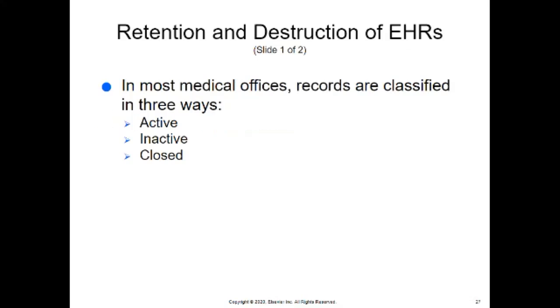So we're going to talk about something that is very, very important: retention and destruction of EHRs, electronic health records. In most medical offices, records are classified in 3 ways: active, inactive, or closed.